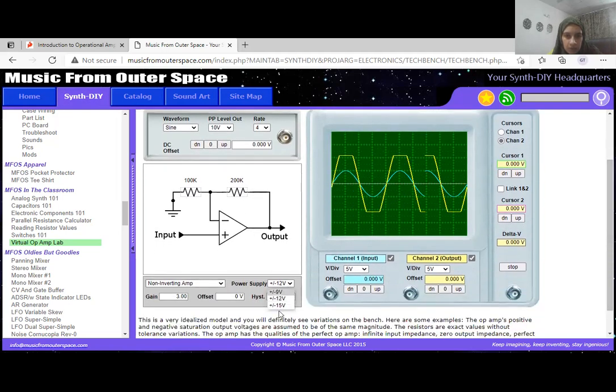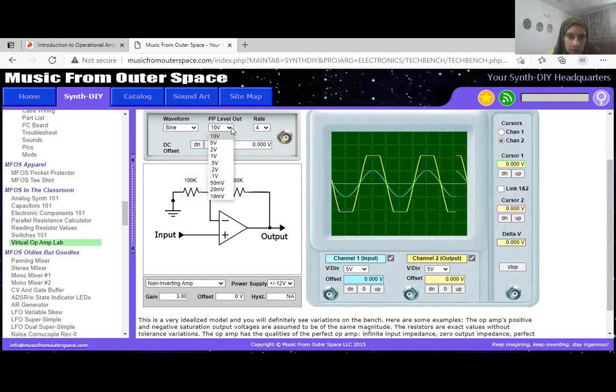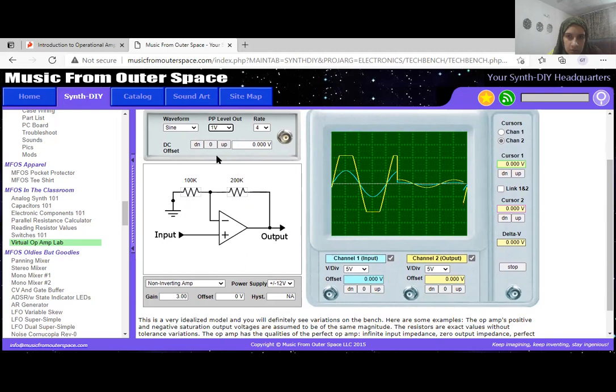So if I reduce my input range, I want to change the input and basically make it 1 volt. So now when I make my input 1 volt, let's change this division to 1 volt as well.